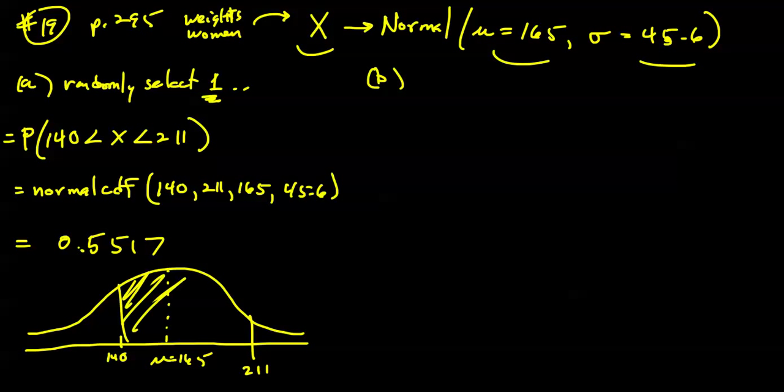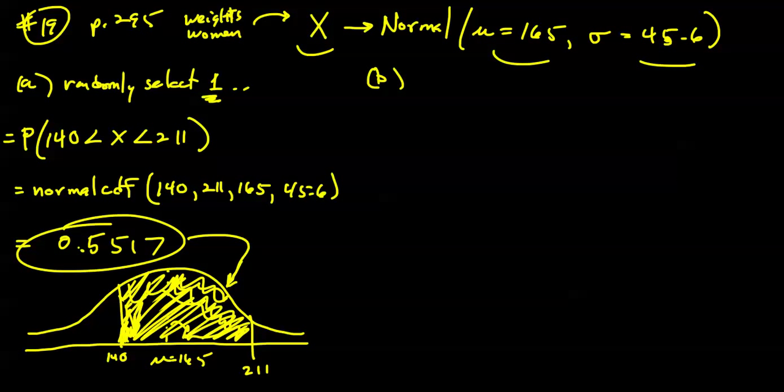So what the calculator has done for us is computed the area under this probability density function between the limits of interest, namely 140 and 211. So this is the area we seek, and that area is this probability, okay, 0.5517. And if you look at the curve, that looks about right.